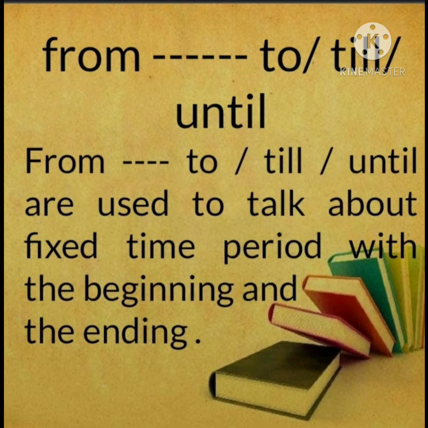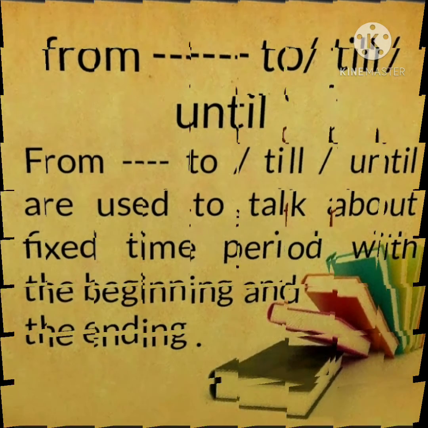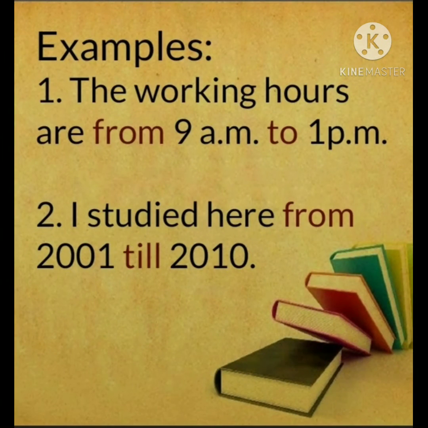The pairs of prepositions from to, from till and from until, etc. are used to talk about the fixed time period with the beginning and ending. That means the beginning of the time period is given and ending is also mentioned. For example, the working hours are from 9 to 1.